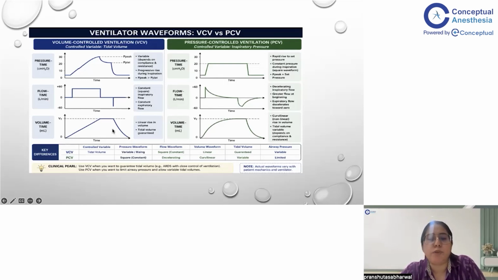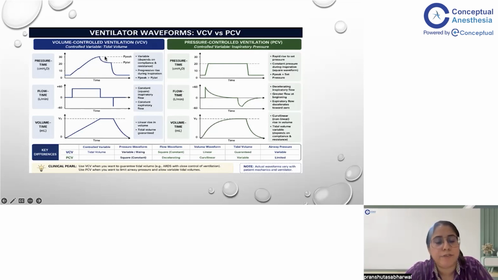You have to understand the various phases of respiration in order to understand the asynchrony. If you can see my arrow mark, this point on the pressure time scalar is where the start of inspiration is. This is what is the trigger. Then in volume control, as you know, the flow is the limit.